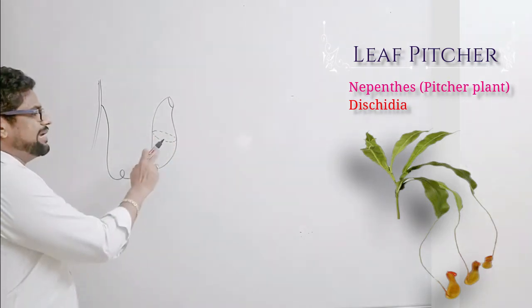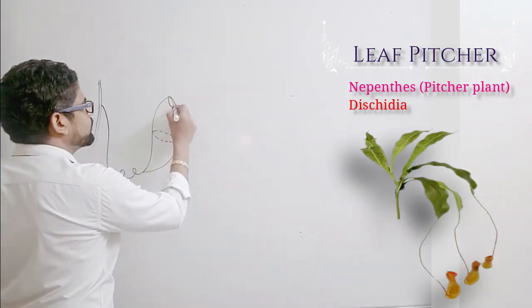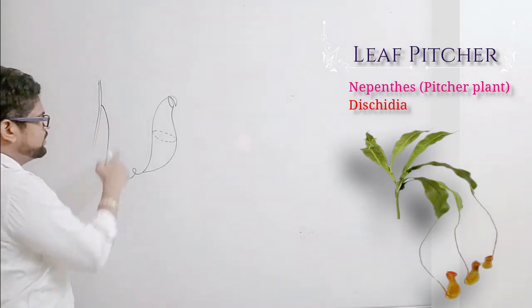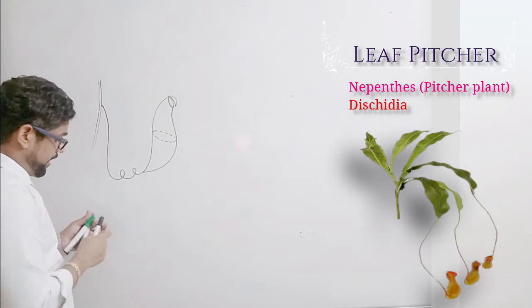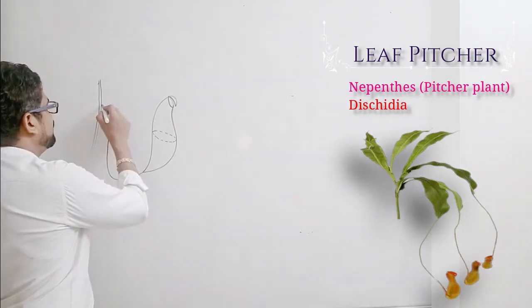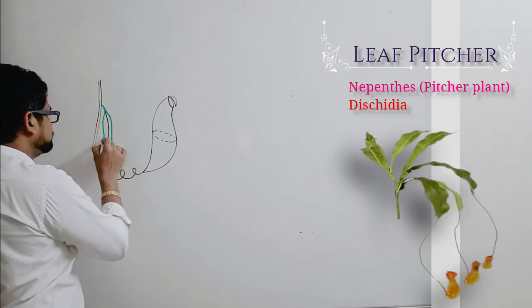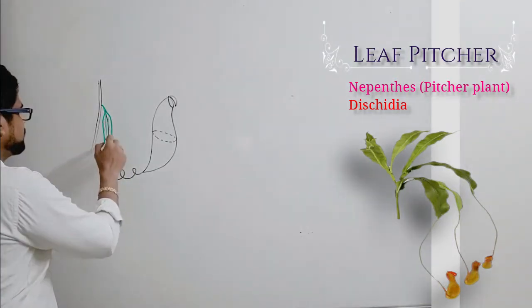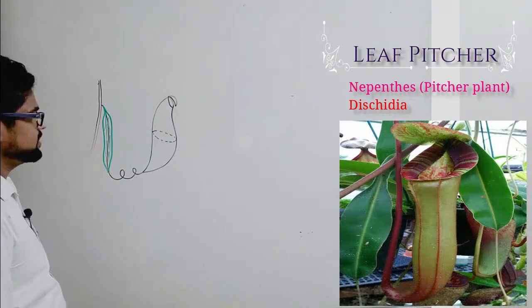So the leaf lamina modified into pitcher, the leaf tip modified into lid, ढक्कन, and the petiole modified into a tendril-like structure as well as a leaf-like structure. So the petiole performs the function of photosynthesis also.